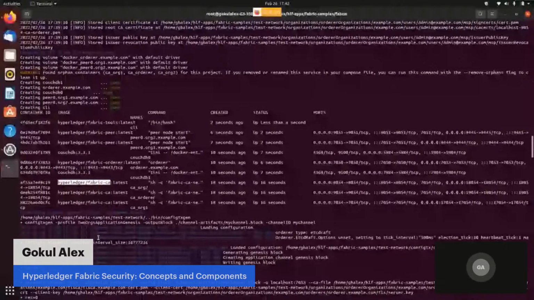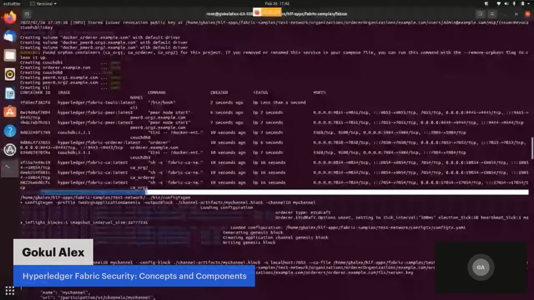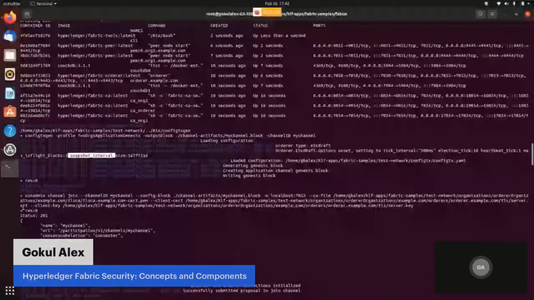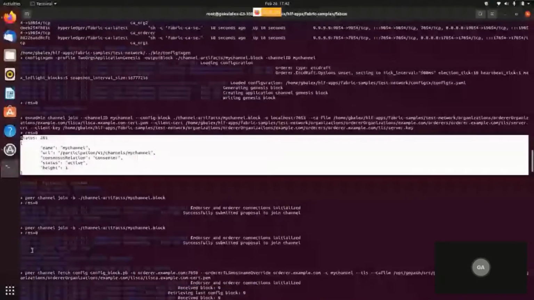So each channel is an individual blockchain, and then it is taking a snapshot. So once the channel is created, you have the details about the channel. Then the peers are joining the channel.